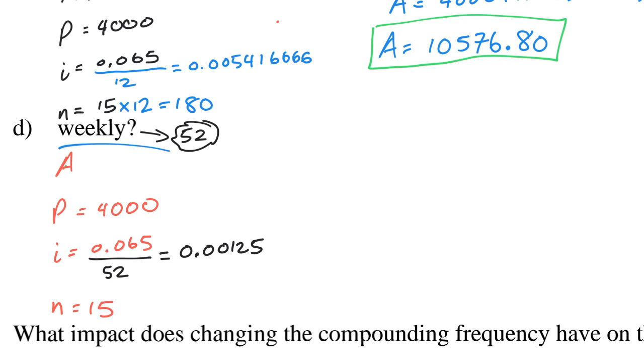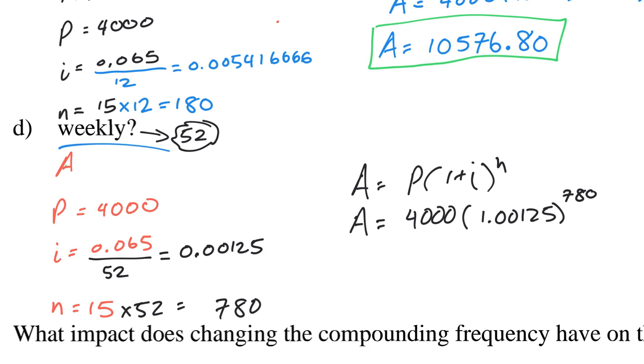And 15 times 52 is going to be 780 times that we compound the money. So you're going to end up with A is equal to P times this substitution, which gives us this final answer. A is equal to $10,598.21.